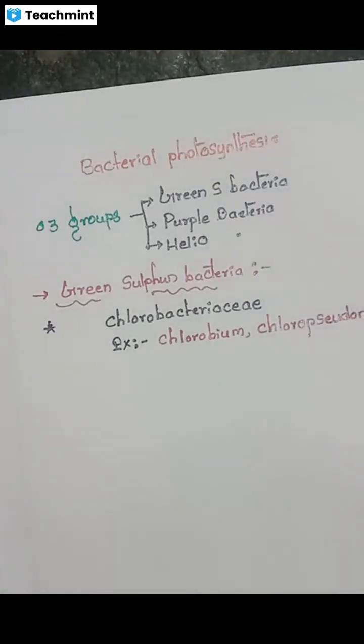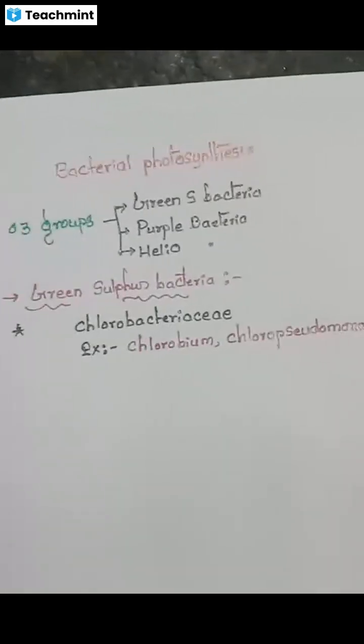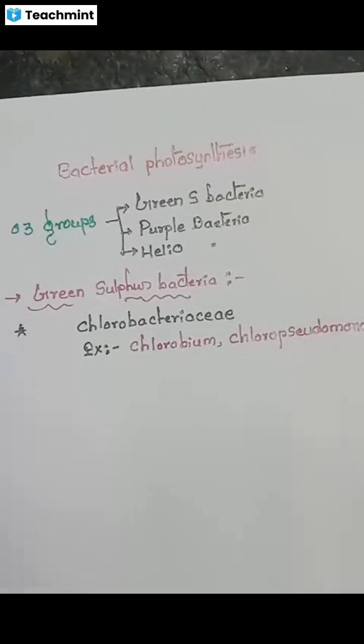The green sulfur bacteria belong to Chlorobacteriaceae. The most common green sulfur bacteria are Chlorobium and Chloroseudomonas.